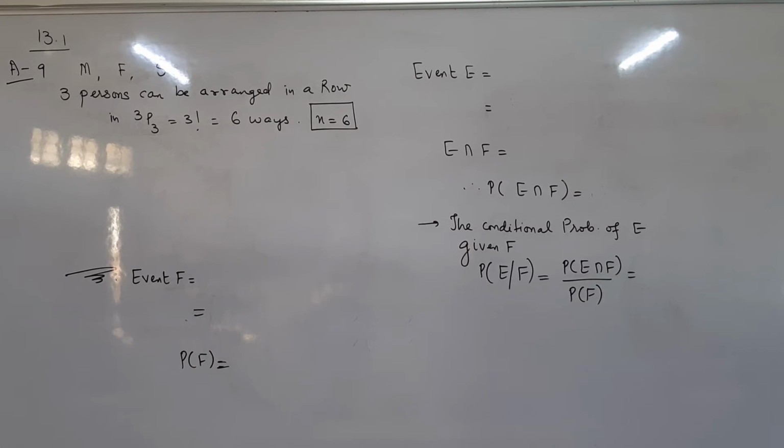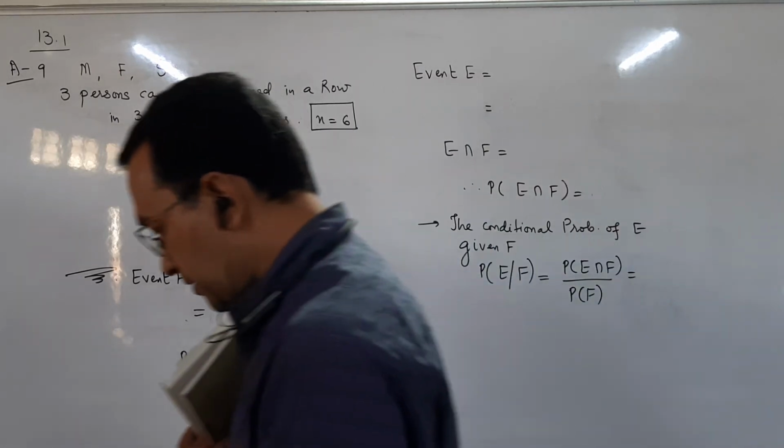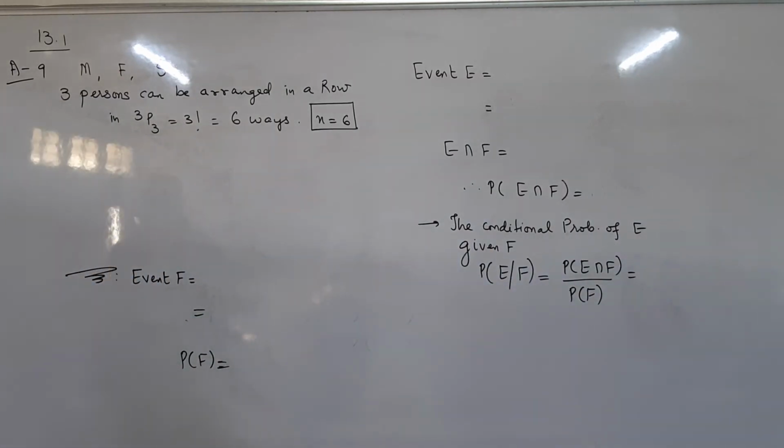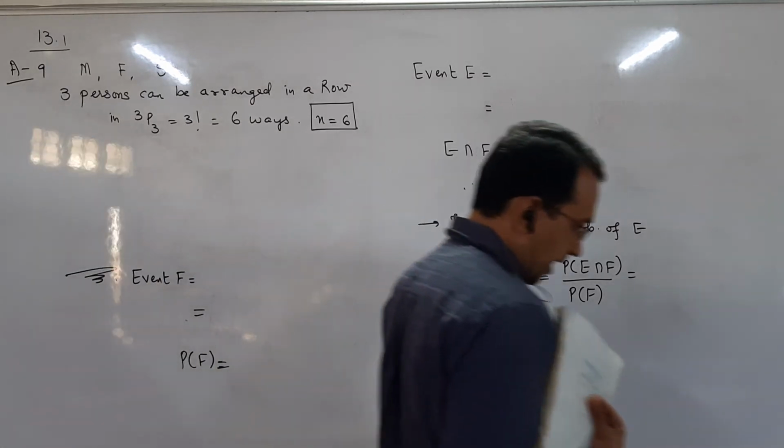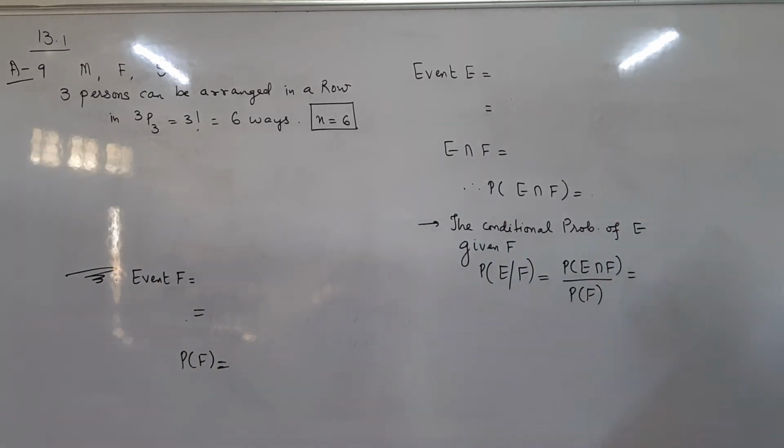So for the word arrangement, we have to use permutation. The formula of nPr, don't forget, is n factorial divided by n minus r factorial, and the formula for combination nCr is equal to n factorial upon r factorial into n minus r factorial.